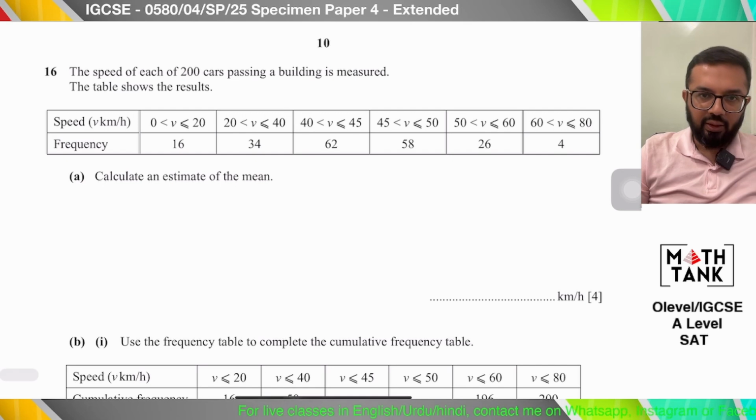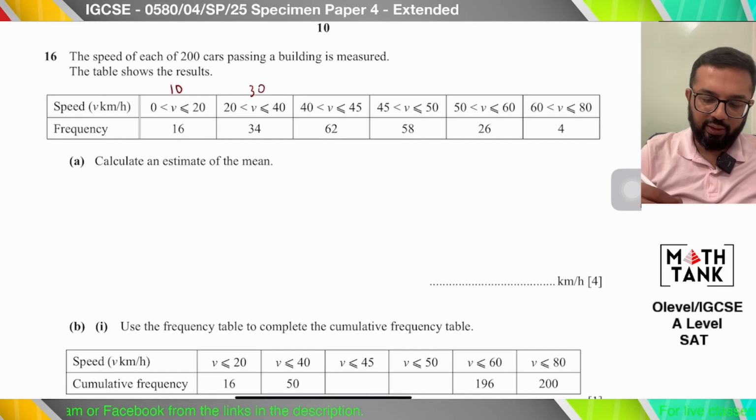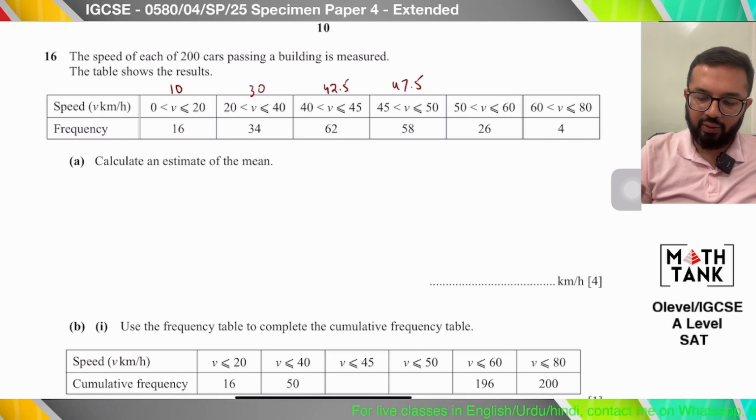Then question number 16 says the speed of 200 cars passing a building is measured. The table shows the results. Calculate an estimate of the mean. So the mean requires midpoints. The midpoints are 10, then 30, then 42.5, then 47.5, then 55, and then 70.